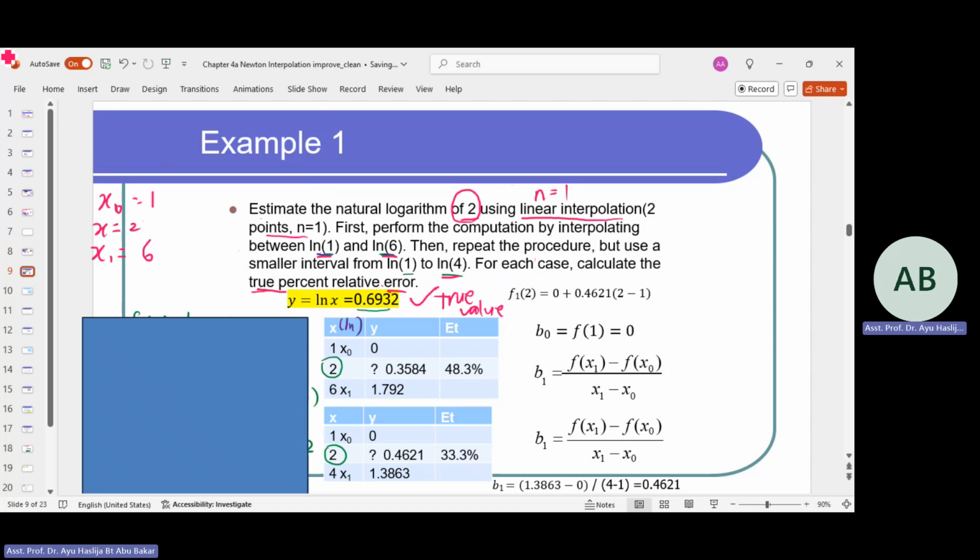Interpolate using n equals 1 order. After you identify the data points, identify your function involved. So f1(2) involves B0 plus B1x. B0 is your f(x0), which is the Y0 over here.